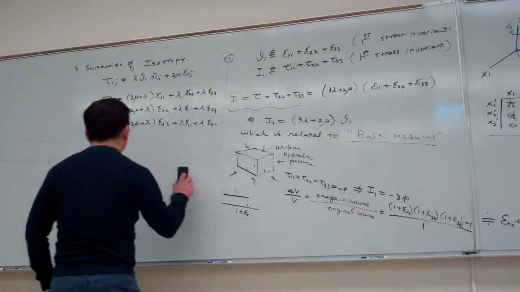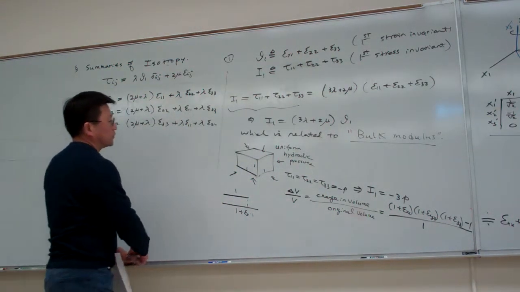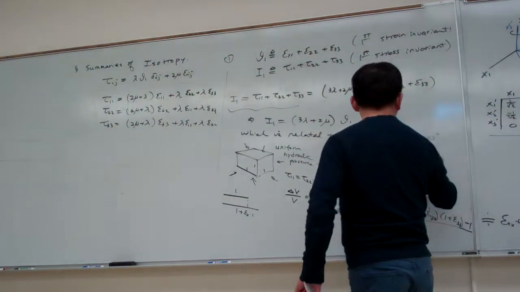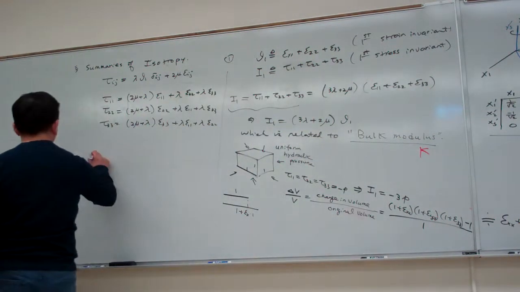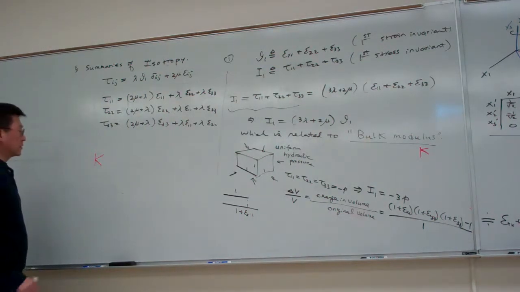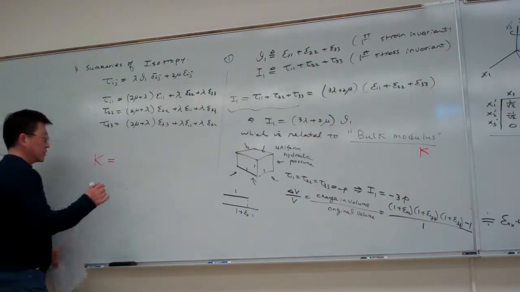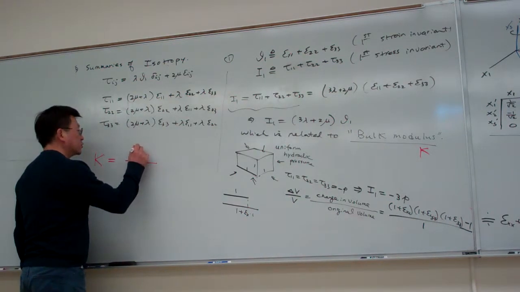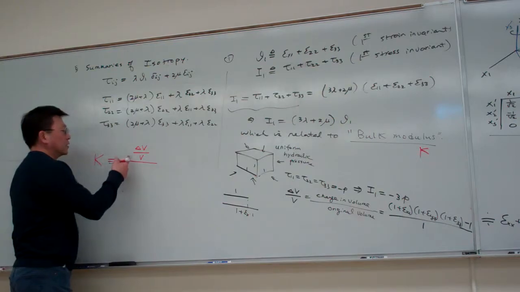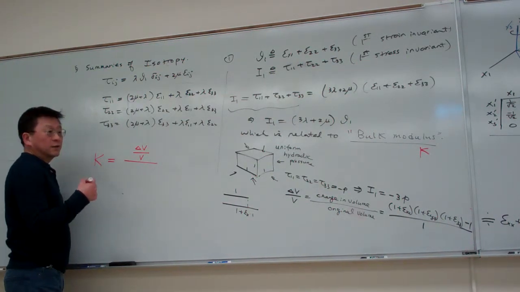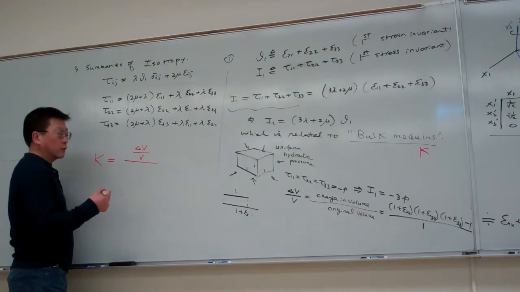So the bulk modulus, we define as K. The bulk modulus, by definition, is the engineering definition: the volume change rate divided by the magnitude of the loading.